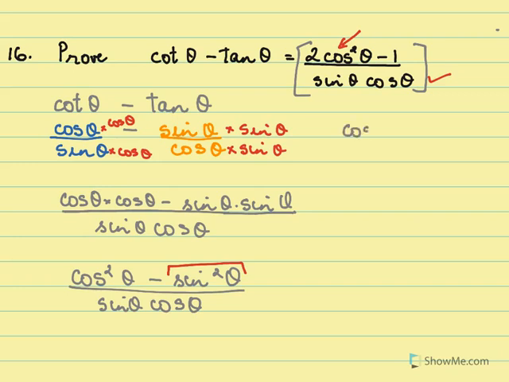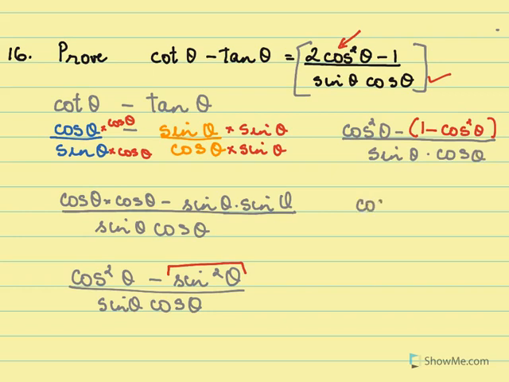So I have now cos square theta minus, for the sine square theta I'm putting 1 minus cos square theta, because sine square theta is 1 minus cos square theta. And why am I doing this? Because in the numerator I have noticed there is no sine square theta, there is only cos square theta. So I have sine theta cos theta.